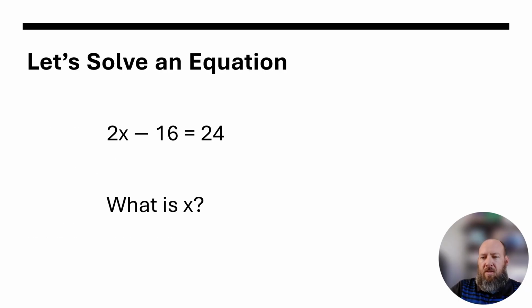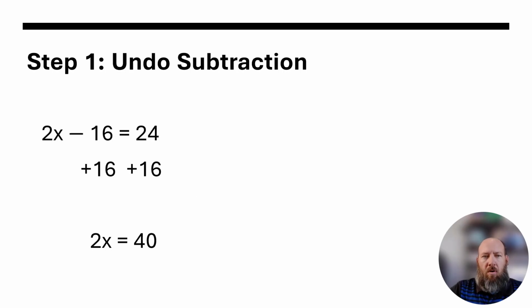So let's do an example. Let's solve an equation. For this, it says 2x minus 16 equals 24. So our job here is to get the x by itself. Our first step here is we're looking for addition or subtraction first. And right here we see 2x minus 16 equals 24.